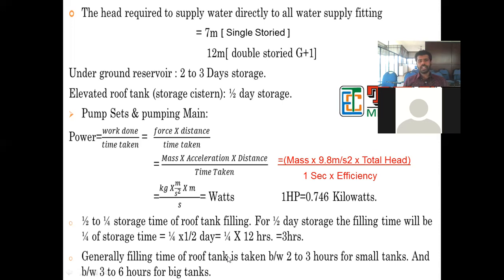Now, when we are coming to the underground tanks, we have to provide vent pipes. It is a must. For tanks larger than 5,000 liters capacity, we have to provide vent pipes.